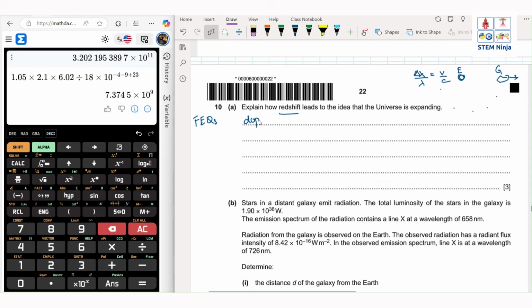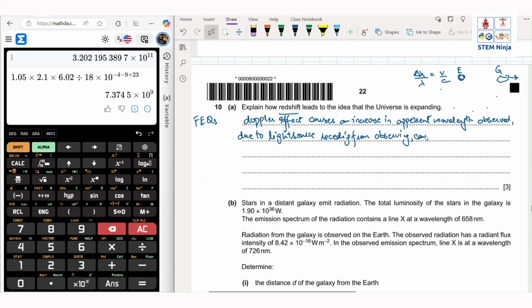So the Doppler effect causes an increase in apparent wavelength observed due to a light source receding from the observer, causing redshift.